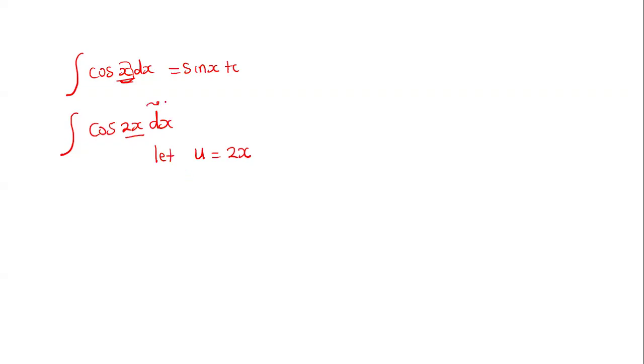I want to eliminate the x, and the only way to eliminate it is by differentiating. When I differentiate 2x, I'll get 2 dx. But my interest is dx, so I'll say du out of 2 is equal to 2 dx out of 2. So the 2 and the 2 cancel, meaning that du out of 2 is equal to dx.